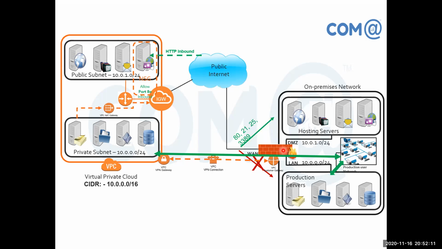Similar routing configurations can be done in this VPC also. By default, the routing table will have the default configurations, and if required, you can change those default configurations and make them flexible as per your requirement.